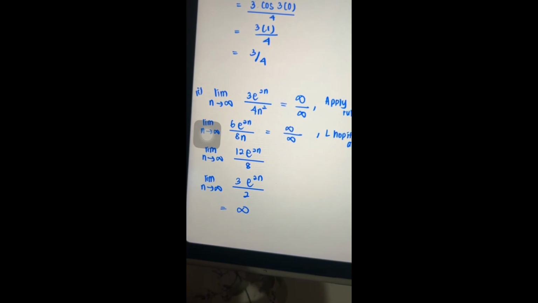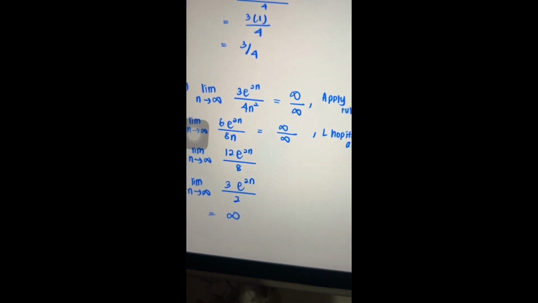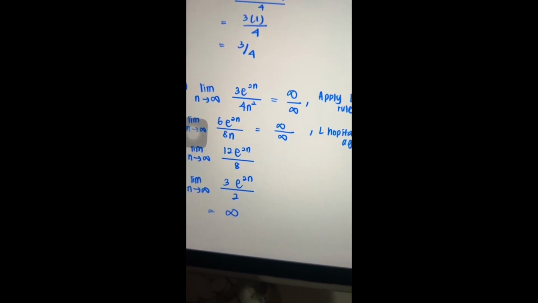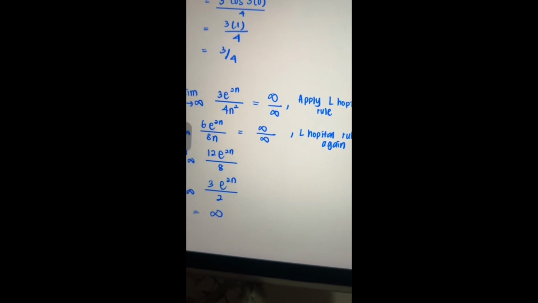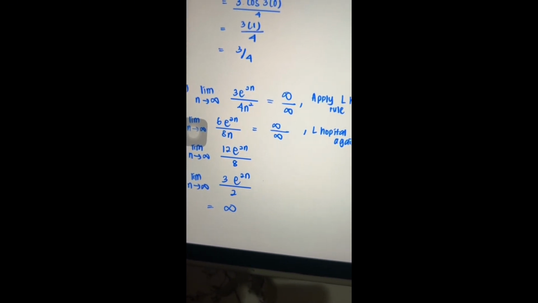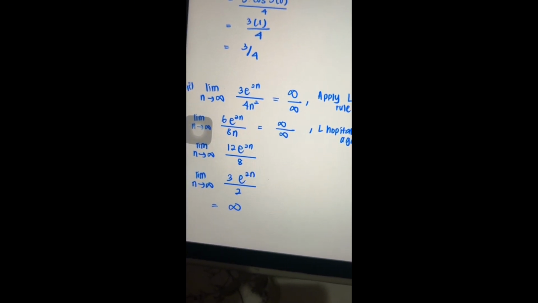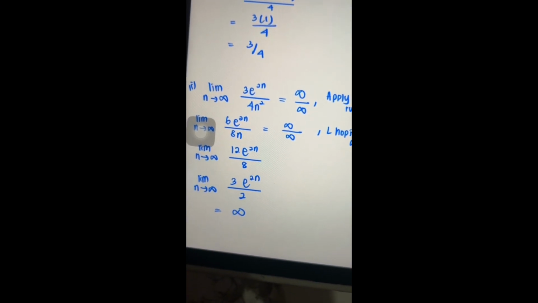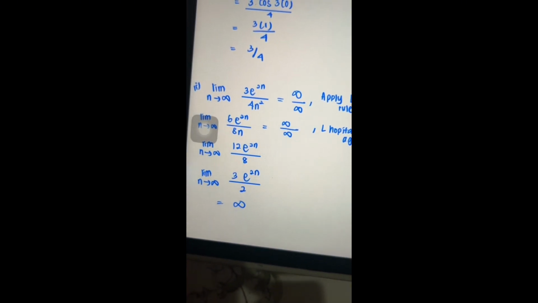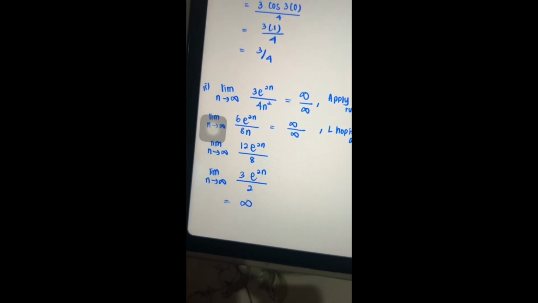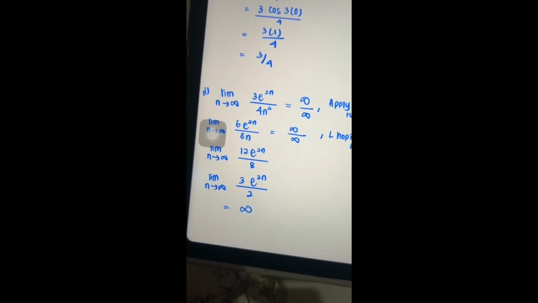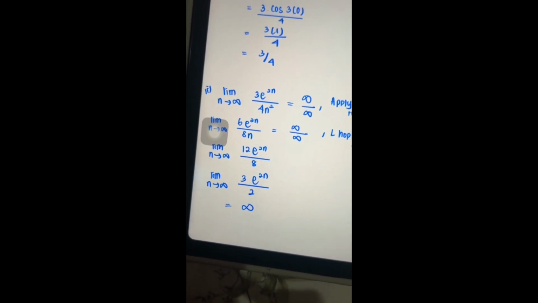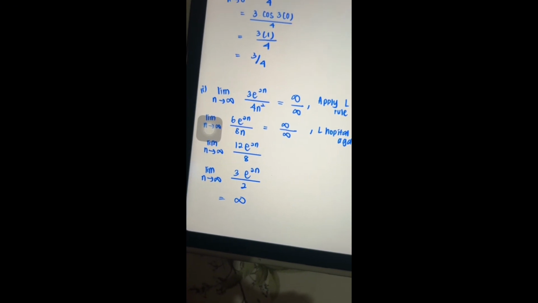If we check again, it is still infinity over infinity, so we can apply L'Hopital rule one more time. After differentiating again, I get 12e power 2n over 8. Since e power 2n grows really fast as n increases, the whole expression goes to infinity. So the limit is infinity.